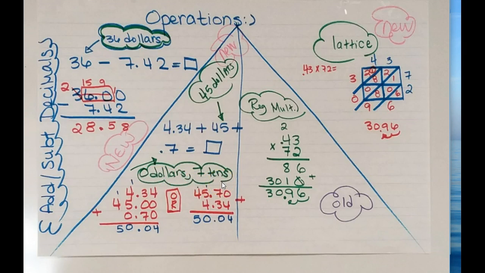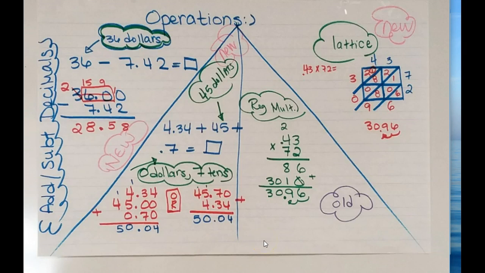So if I add all those dollars up, $4.34, $45.00, $0.70, you would get this answer. Or if you add nice things together, that whole number plus change would make 45.70, and you would only have 2 numbers versus 3. It's kind of your choice. How much work do you want to do? And that's kind of a new idea for us anyway.